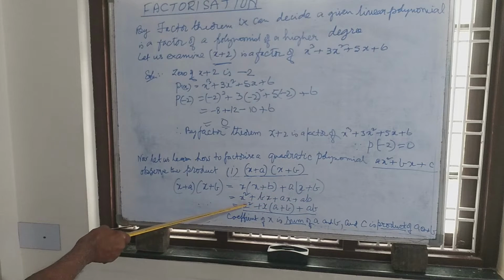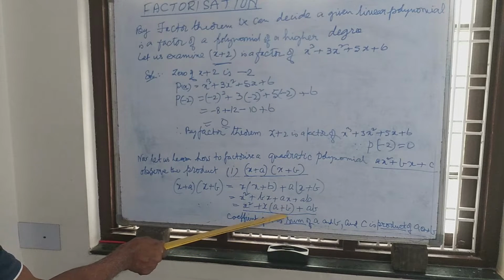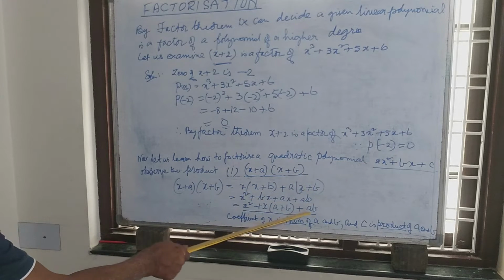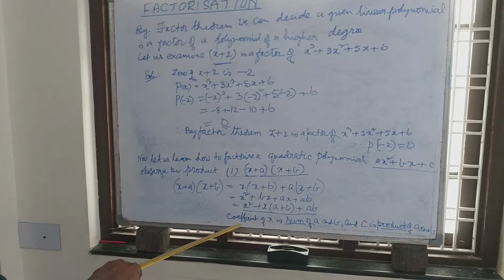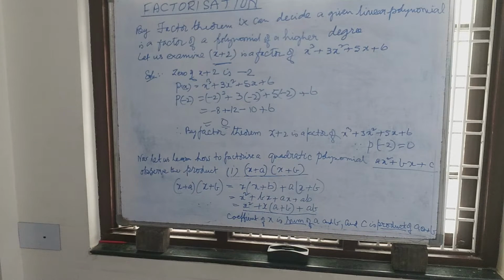This is the method: x² + bx + ax + ab, and simplifying step by step, x² + x(a + b) + ab. See, the coefficient of x is the sum of the constant terms, and this is the product of the constant terms. So the coefficient of x is the sum of a and b, and the constant term is the product of a and b.